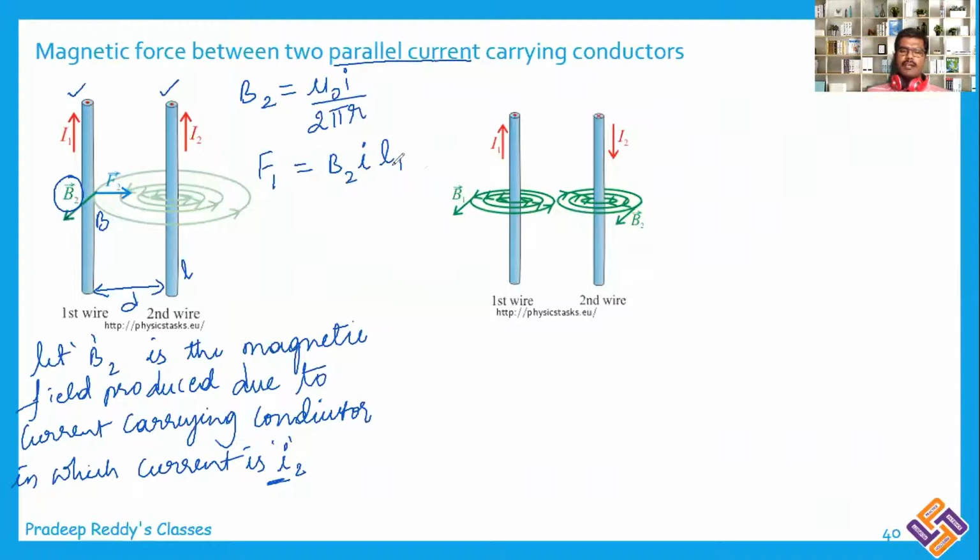Let me consider that the first one has conductor length L1. Now what is B2? B2 is equal to mu naught I2 divided by 2 pi r. Instead of r it should be written as D, because I am considering the total distance between these two wires as D. So mu naught I2 divided by 2 pi D into I1, because the current in the first conductor is I1, and L1 is the length of the first conductor.